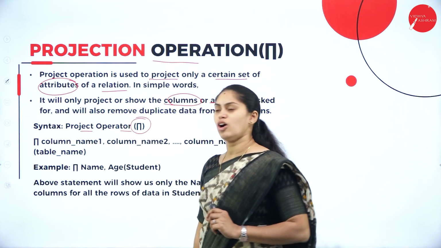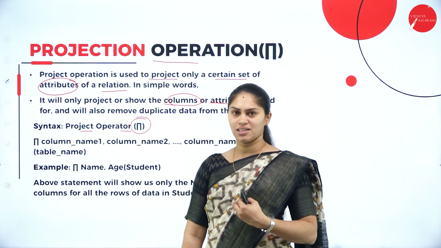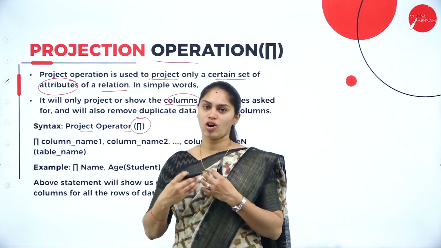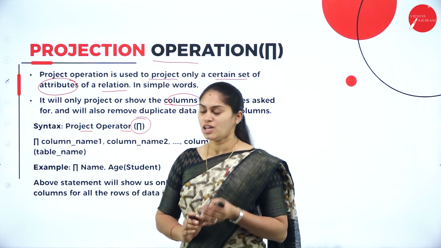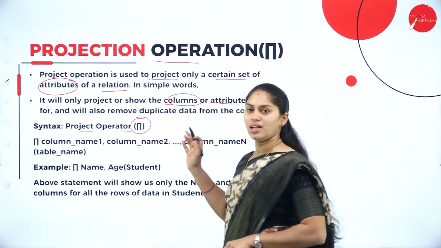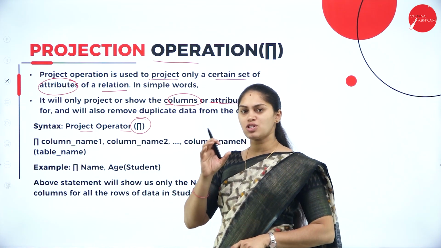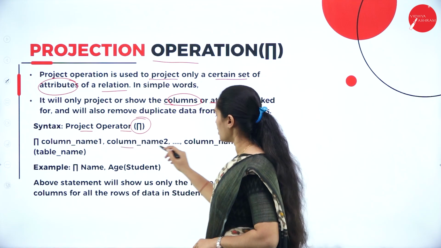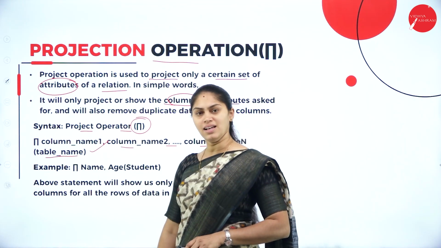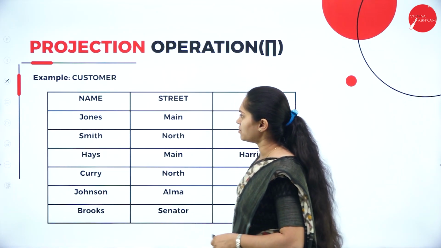That is the project operator. We are retrieving columns of a particular relation. Use this projection symbol and mention the columns which you want to take: column name 1, column name 2, up to column name n, and then mention the table name.